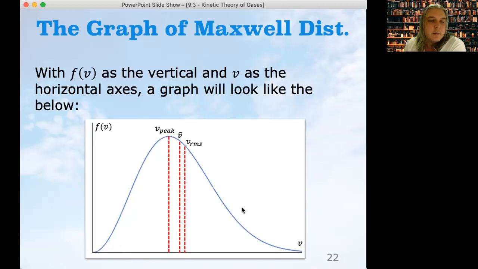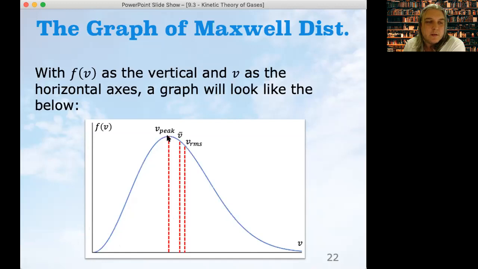So it means we're not symmetrical, which means that those higher velocity ones, where you can't get negatives, are going to skew this curve, and we get an average which is actually higher than the peak. And just for reference to the previous values we saw with VRMS, the root mean square velocity is higher still than the average.